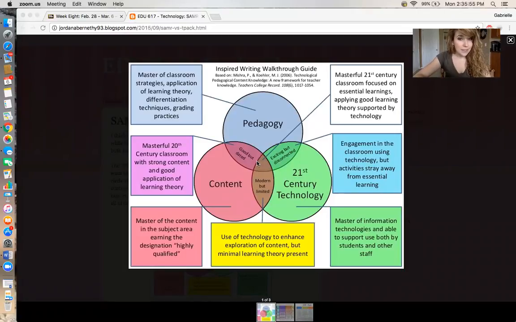So for me personally, I would love to say that I reside right here in the middle, but unfortunately, I think I'm right here where content and pedagogy mix. I think that's because I grew up right as technology was booming, right as it was becoming popular, but my classroom instruction didn't really utilize it.